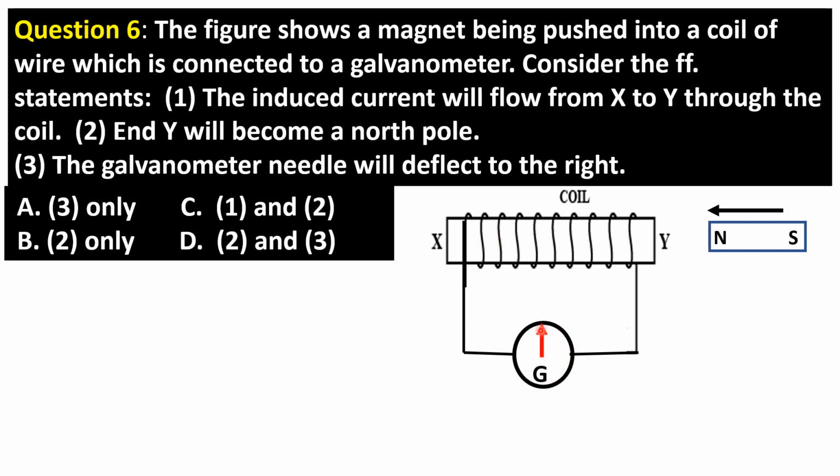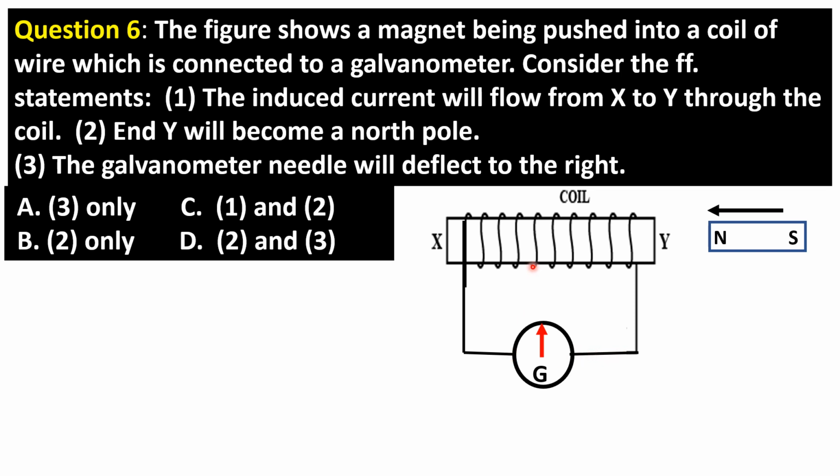This red arrow represents the pointer of a galvanometer. If this pointer deflects to the right, it means that the current passing through it is directed to the right. But when it deflects to the left, then the current is directed to the left.